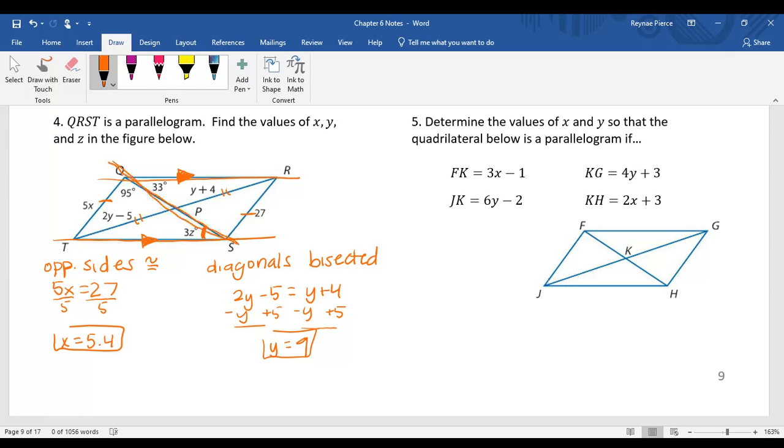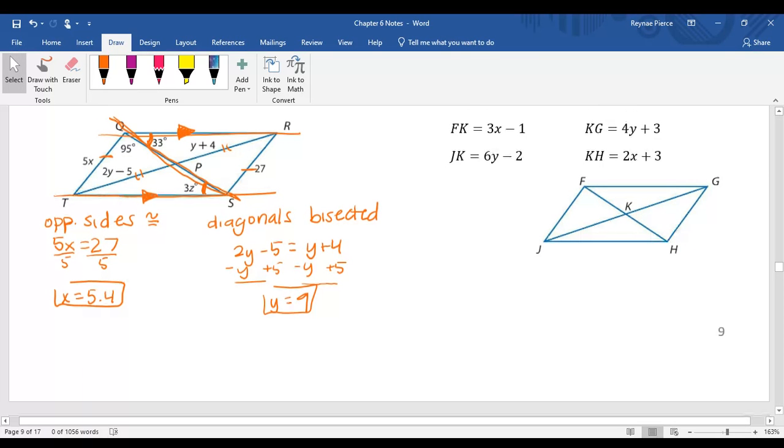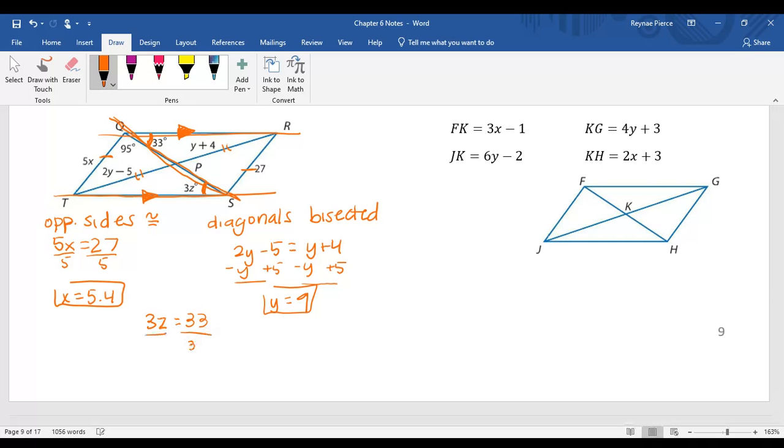And so where 3z is at is an alternate interior angle with the 33-degree angle. So I am going to go ahead and set 3z equal to 33, because alternate interior angles are congruent when lines are parallel. So z is 11. Okay.